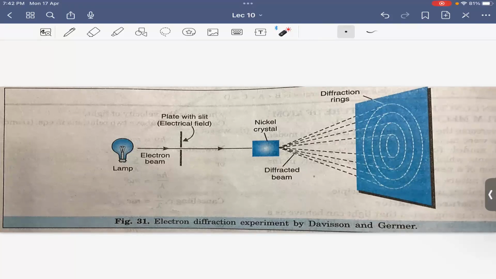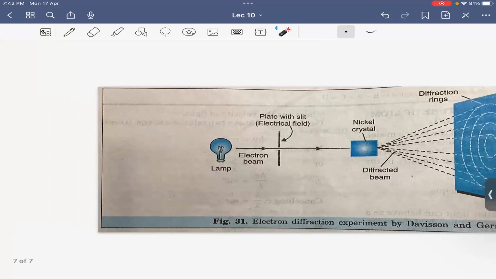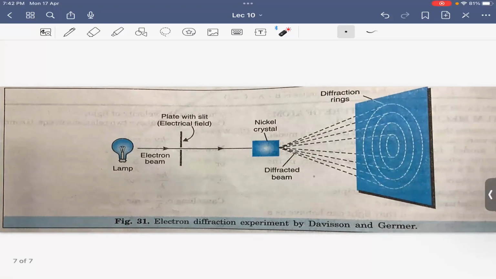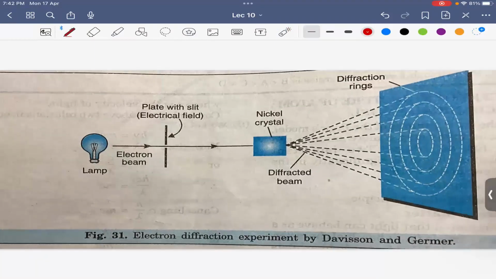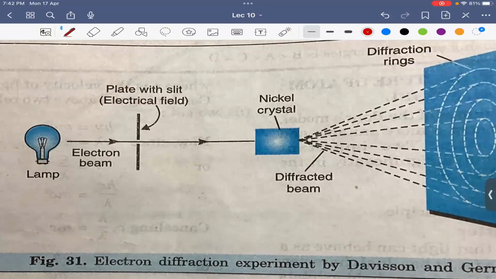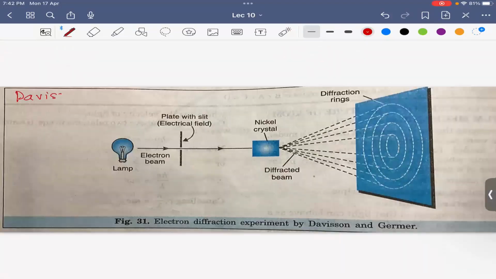The wave nature of electrons was experimentally verified by Davisson and Germer in 1927 and George Thomson, right? So this is called the Davisson and Germer experiment. Let me write it down: Davisson and Germer's experiment.